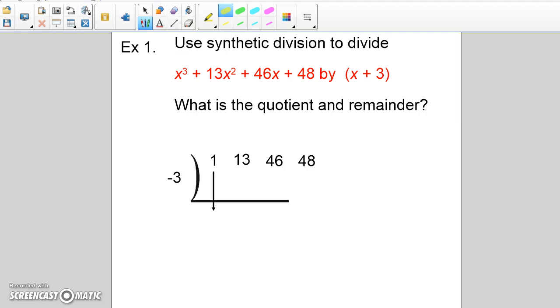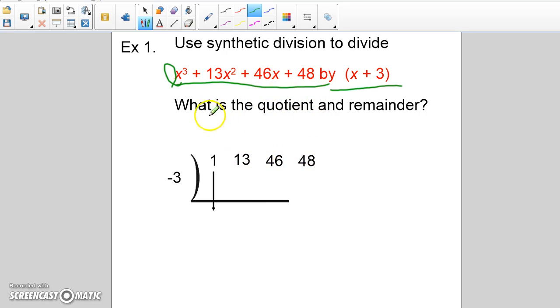Moving on. We are going to use synthetic division to divide this big cubic polynomial by x plus 3. How do I set this up? I take the coefficients. There's an invisible 1 here. I write them here. There's a 13, a 46, and a 48.